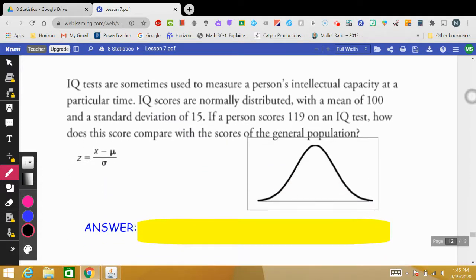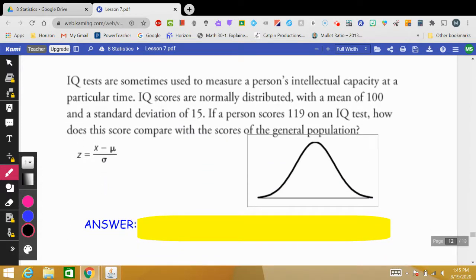Now, where comparisons are really important is, one, on IQ scores. Another one is actually with babies. I'm sure if you've had younger brothers or sisters or nieces or nephews, when they're babies, and they go in for, let's say, their 2-month checkup, the doctor will tell you where they're at based on the normal curve.